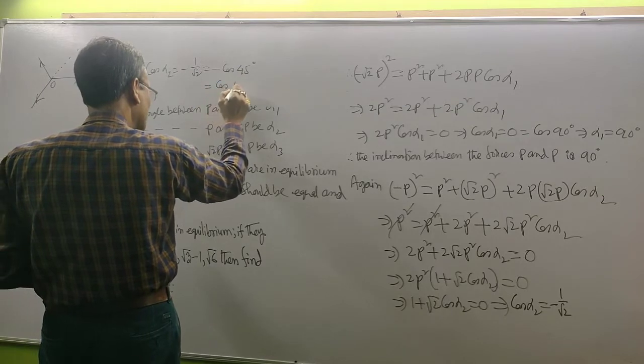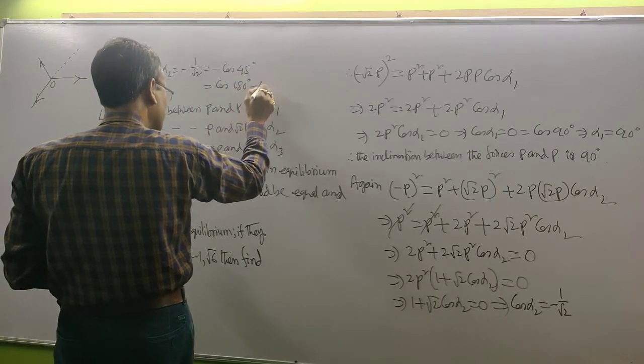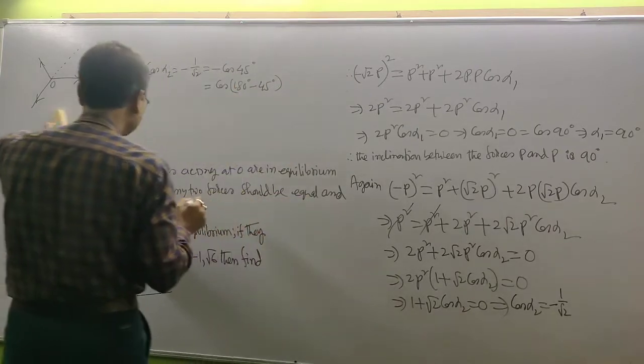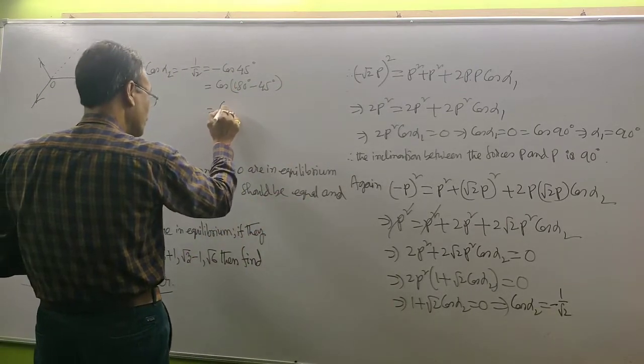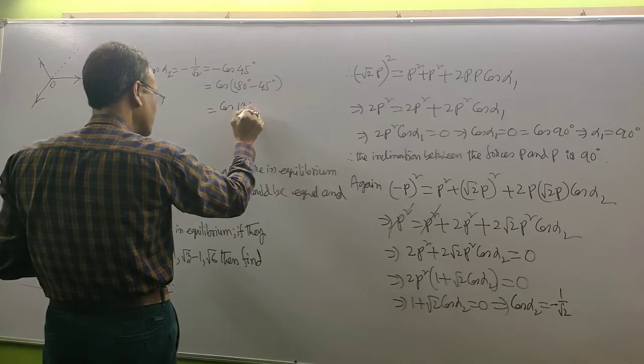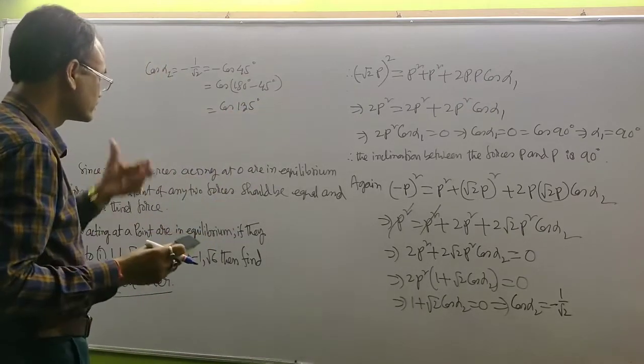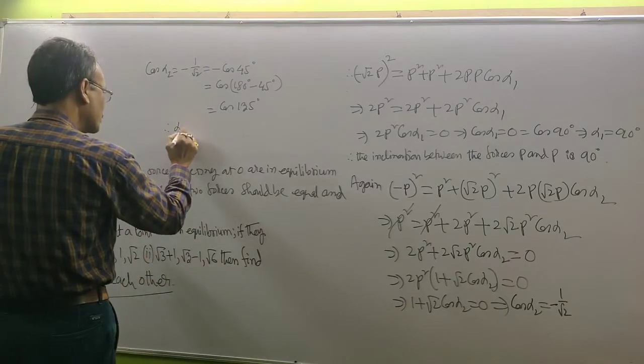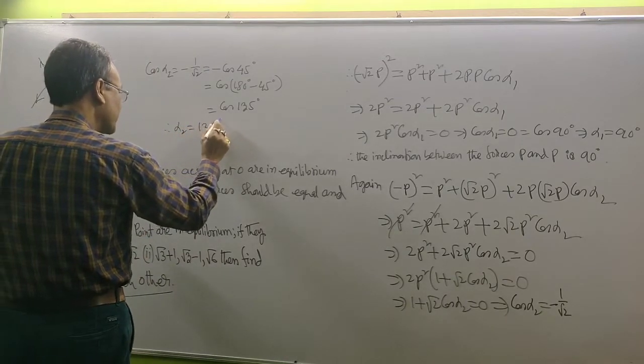This is equal to cos 180 degree minus 45 degree, therefore alpha 2 equal to 135 degree.